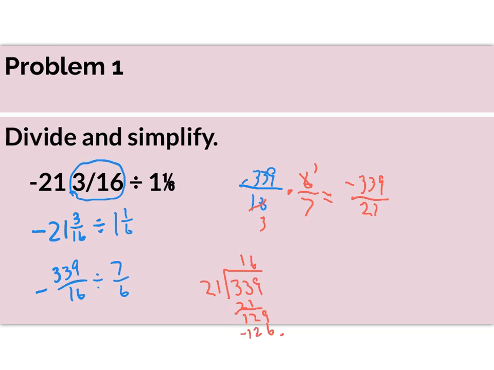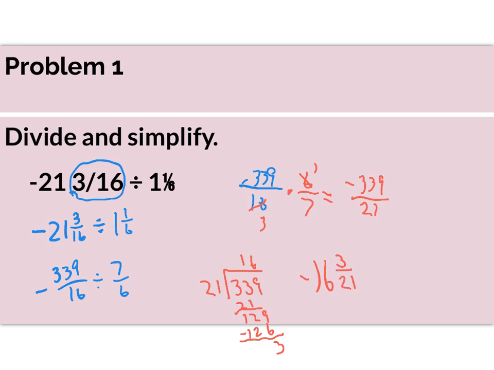Oh, look at it, worked out for us. No, 6 twenties is 120. I'm sorry, 6 times 21 is 126. Subtracting, we get 3 left over. So our answer is negative 16 and 3/21.